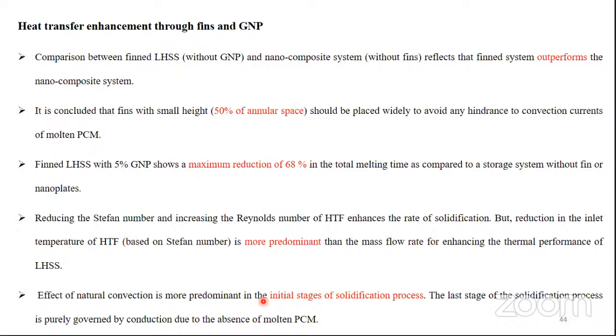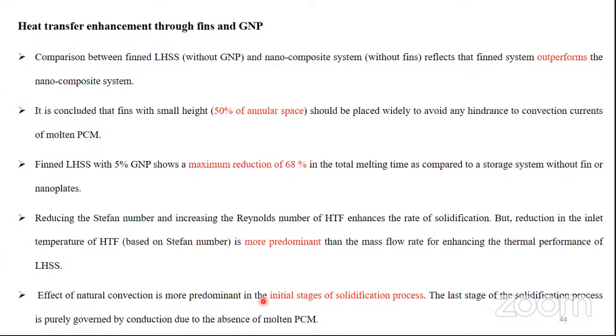And if the fin system outperforms the nanocomposite system, then it is good because a nanocomposite system, in terms of techno-economics, will also be more expensive as compared to the fin system. Now it is also concluded that the fins with smaller heights, around 50%, should be placed widely to avoid any hindrance to the convective current of the molten phase change material.